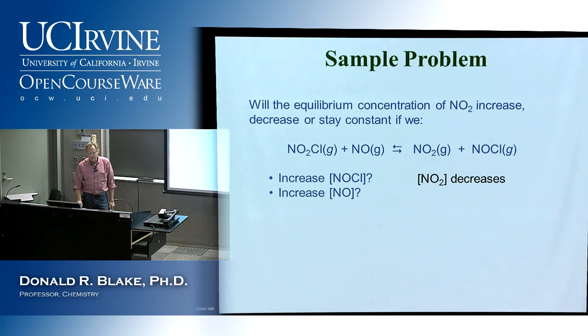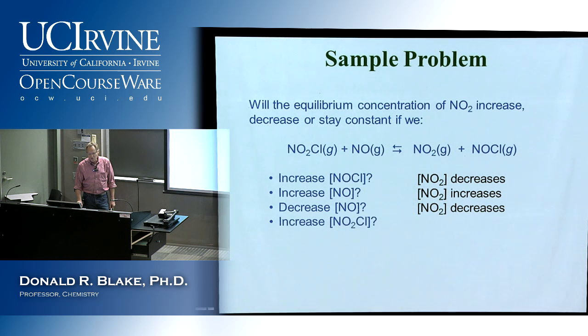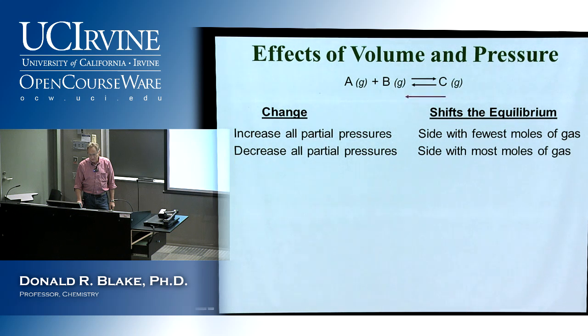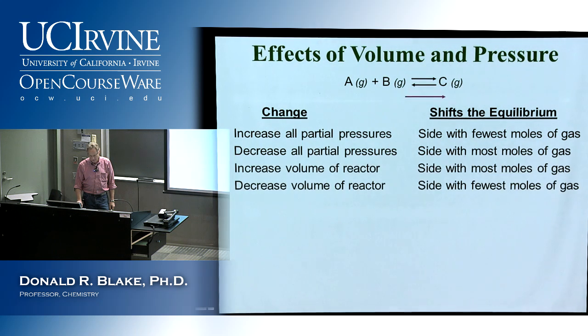How about if we increase NO? Increase NO, what's it going to do? Decrease NO. Hopefully you'll say the opposite. Increase NO2Cl. What's it going to do? Okay, good. This is just the same stuff. I'm not even going to go over this.